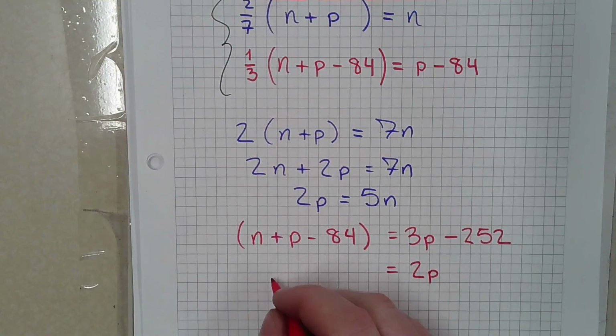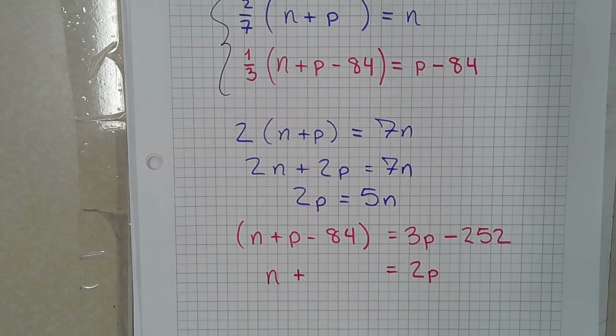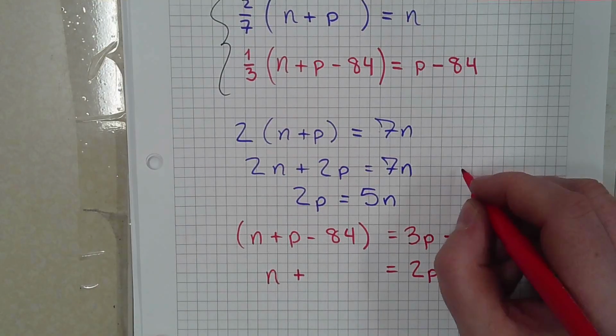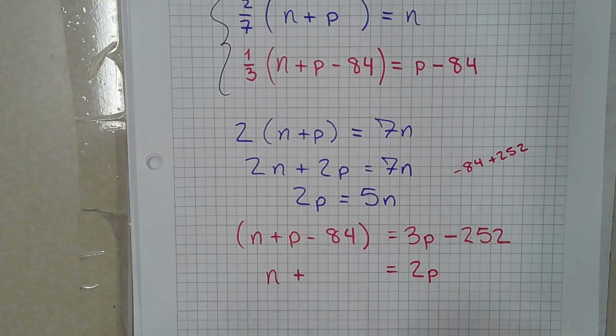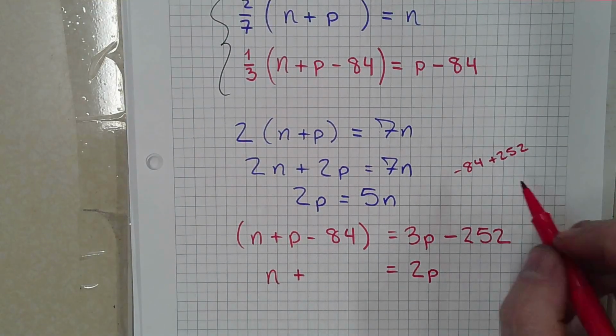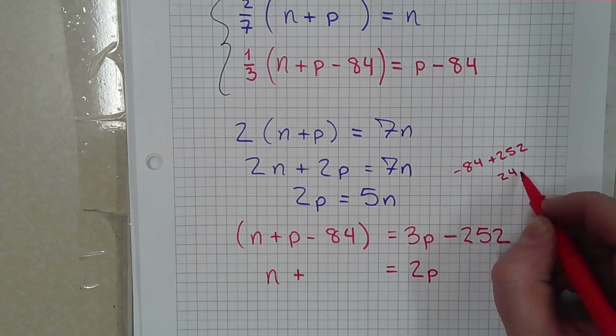If I add 252 to that, I get the n that's already there, plus whatever negative 84 plus 252 is. Well, I have negative 84, and I'm adding 252. Well, that means I'm adding negative 4 to this. So that's going to get me 248.